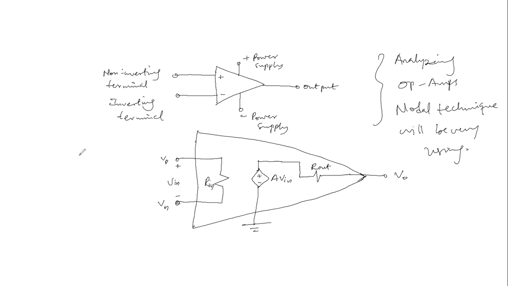So we can summarize here that the ideal op amp exhibits the following characteristics. First, the input resistance is infinite.